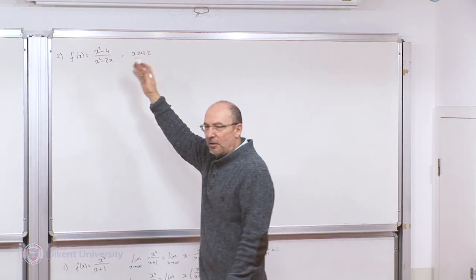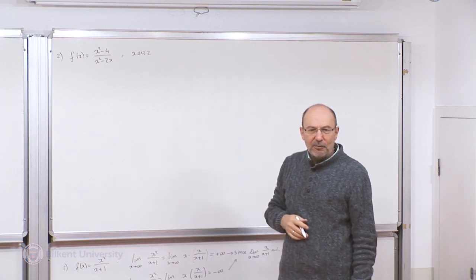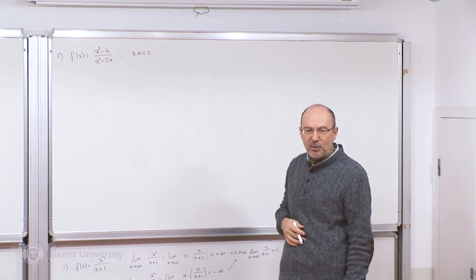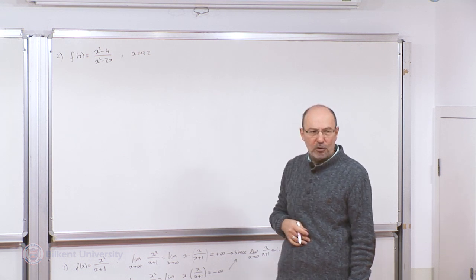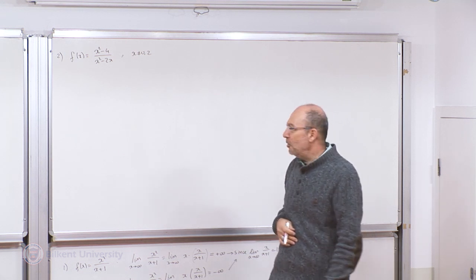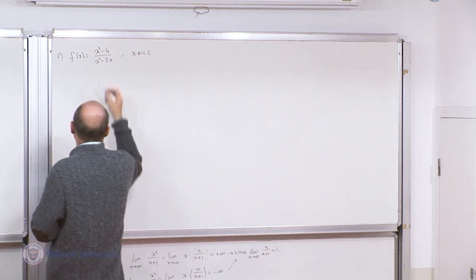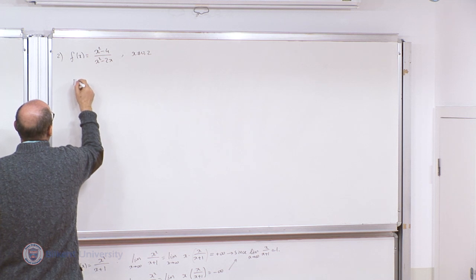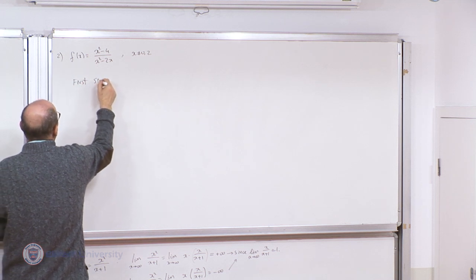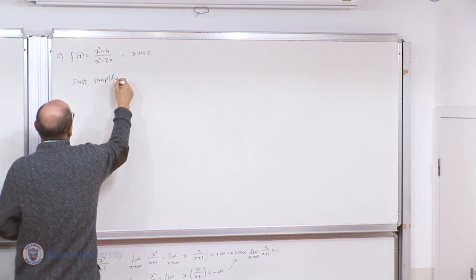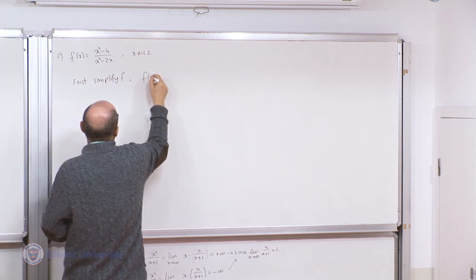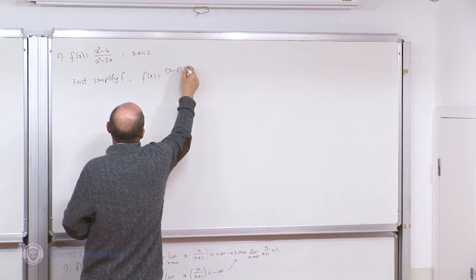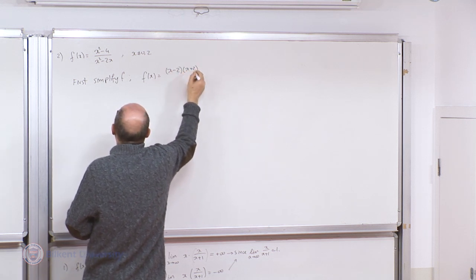So this is the function given to us, or we were working on something. That something doesn't make sense when the parameter is equal to 0 or 2, and we want to sketch its graph. Now, first, of course, you see that there's lots of cancellation here. So first, simplify f. So f of x is equal to x minus 2, x plus 2, right?